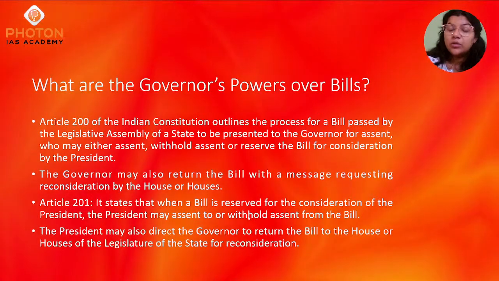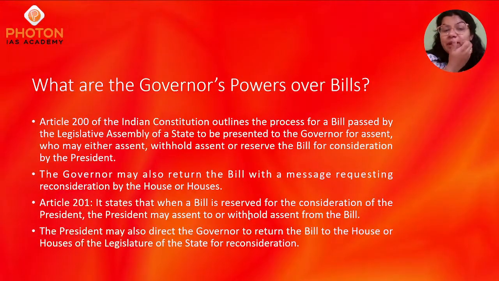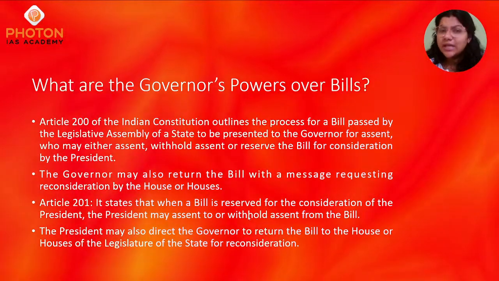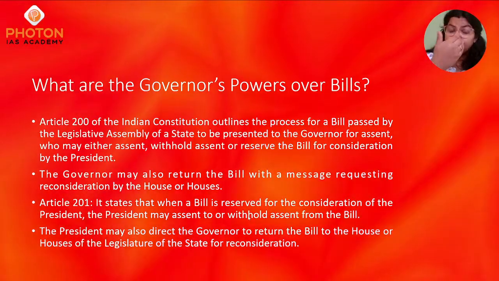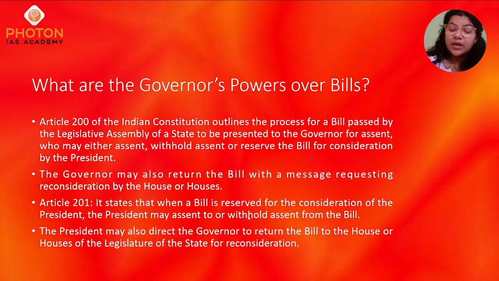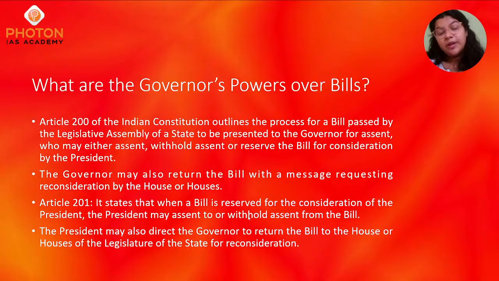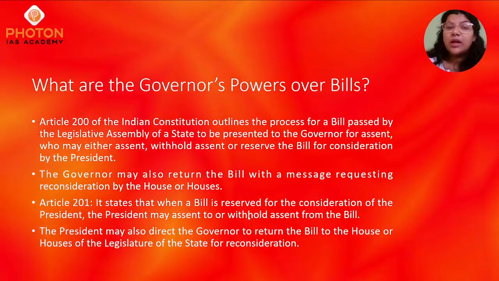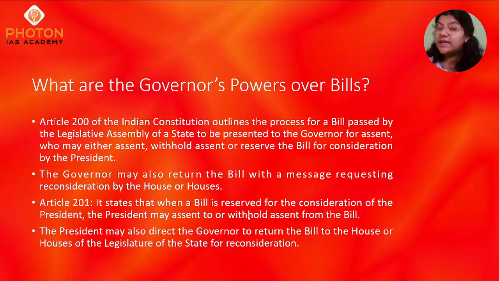He can give it back to the legislative assembly for reconsideration. He can say, I'm not okay with certain provisions, can you just recheck it? Now the state legislature can either change the provisions of the bill or not change the provisions of the bill at all, and if it resubmits it back, the governor has to accept the bill.